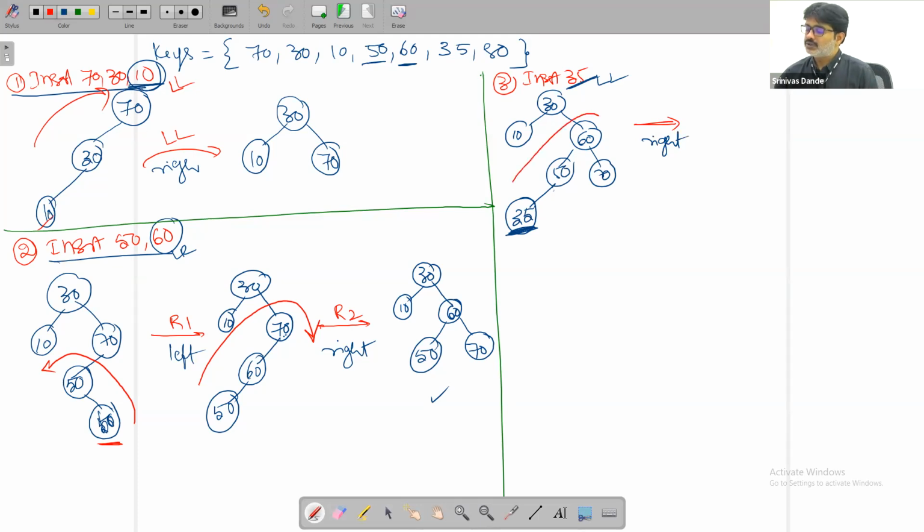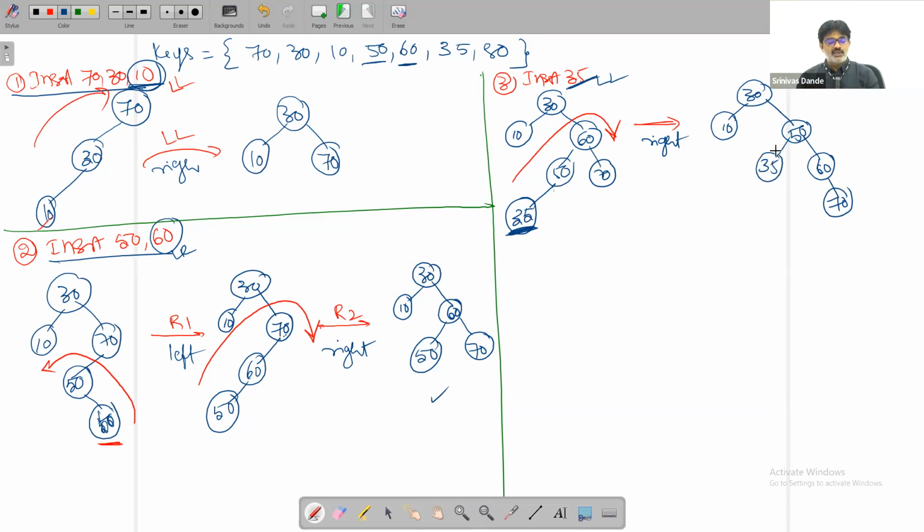You do this. Right side you do. So 30 keeps there only. 10 here only. So what should be the child of 30 now? Here you will get 50. And we have 60. I think we made a mistake somewhere. Now again becoming unbalanced, see?